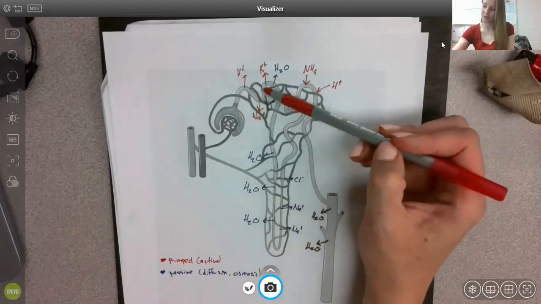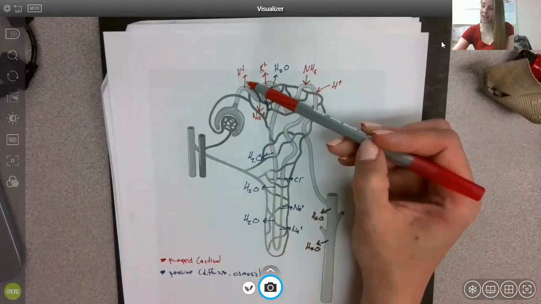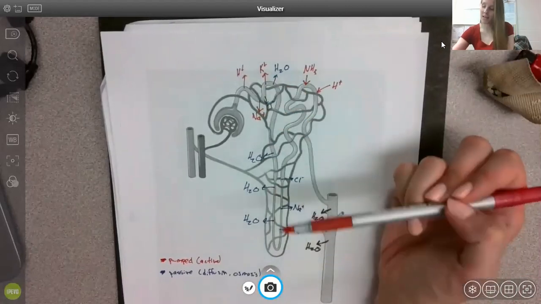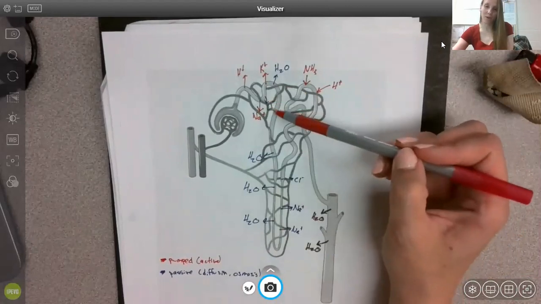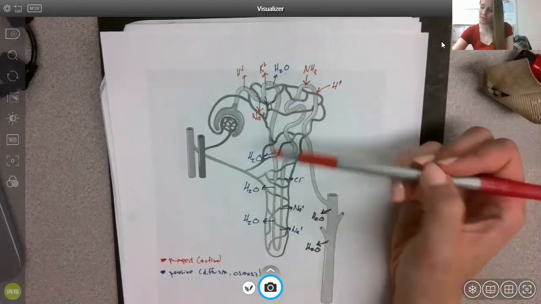Then as the fluid goes through the proximal tubule, positive ions like hydrogen, sodium, and potassium are actively pumped out. Negative ions like chloride just follow because of diffusion, and water follows because of osmosis.